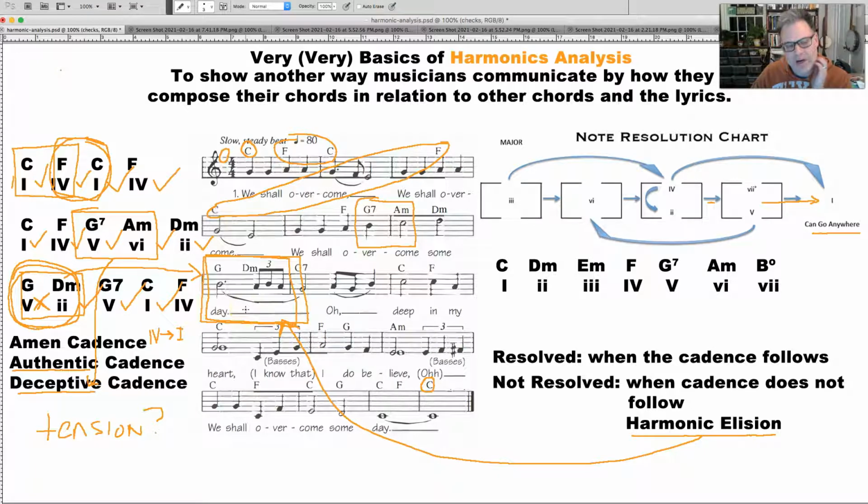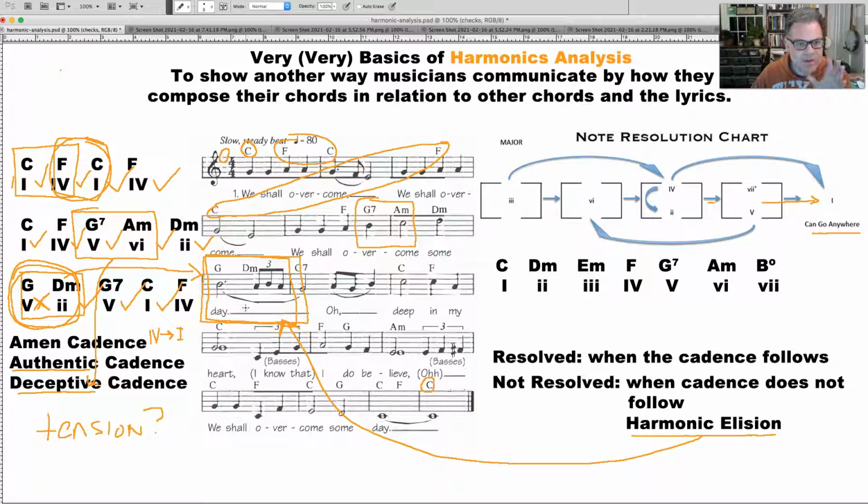And this is where the harmonic analysis, the communication, is taking place. What is going on right there? What is this communicating to us sonically in relation to the lyric? And why would the artist do that? That's really up for our interpretation, and it's quite wonderful when we start getting into it.